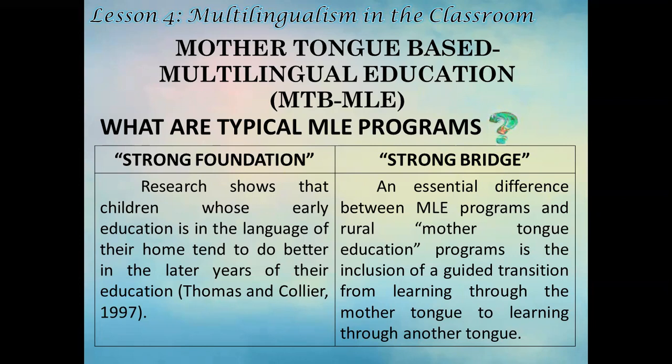Step by step yung ginagawa, or yun nga, may tulay na ginagawa yung ating MTB-MLE para mas matutunan ng estudyante natin simula sarili nilang lengguwahe hanggang dun sa kailangan nilang matutunan na lengguwahe. So, nagiging tulay po yung MTB-MLE sa atin and nagiging strong din na pundasyon yung MTB-MLE na meron tayo sa ating curriculum. Okay po.